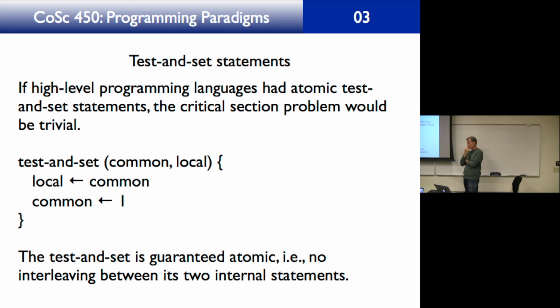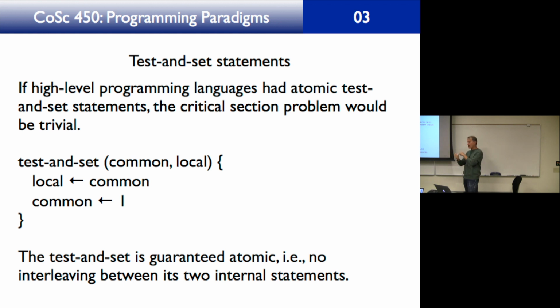Common is an integer. Wait, how is having local get common testing? I'll show you. It's testing in that it's setting a local to its value, so now it has it. And then it sets common to 1.